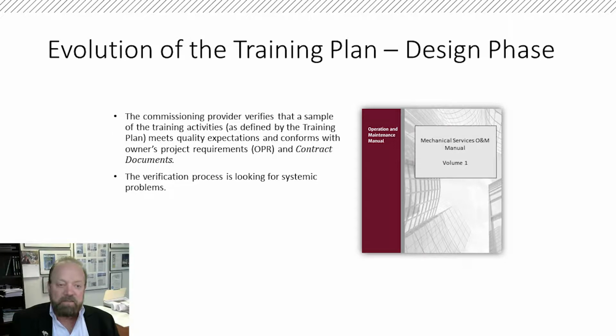The commissioning agent verifies that a sample of the training activities meets quality expectations and conforms with owner project requirements and contract documents. The verification process is looking for systemic problems. Lack of performance should not be tolerated and should have consequences. Doing something instead of doing the right thing is just covering up the problem, often leading to setbacks.